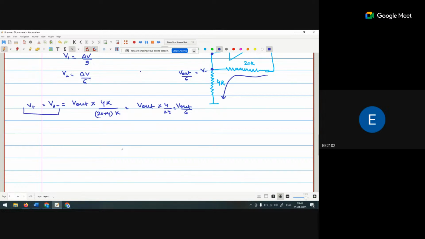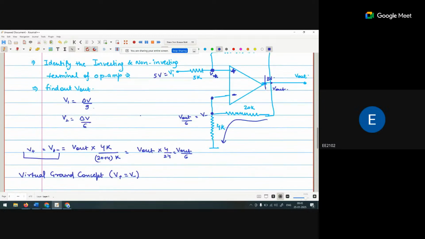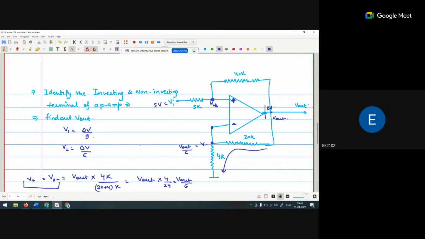In negative feedback, we apply the virtual ground concept. In this, the voltage V positive is equal to V negative. So both terminals will have the same voltage. Now, if both terminals have the same voltage, what is the current that is flowing from this particular branch?